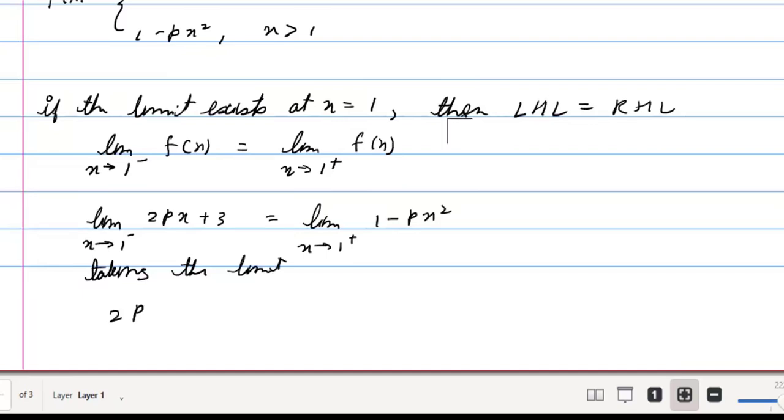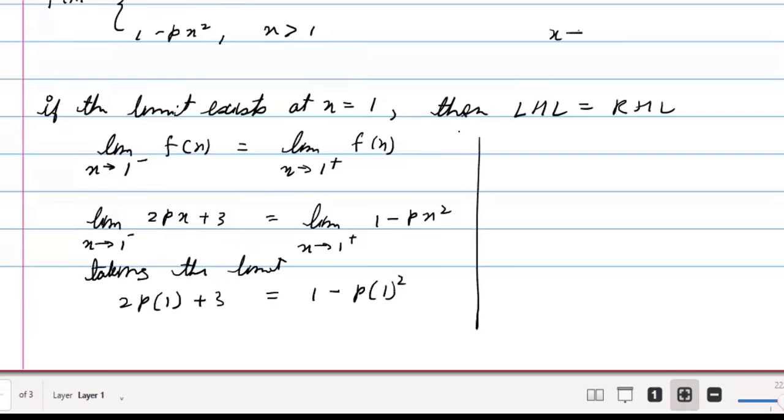What is the meaning of taking the limit? In place of x, you put that number. Generally calculus students have this question: initially in the chapter we said that x is approaching 1, that means x is very close to 1, but x is not equal to 1, then how are we substituting x as 1?